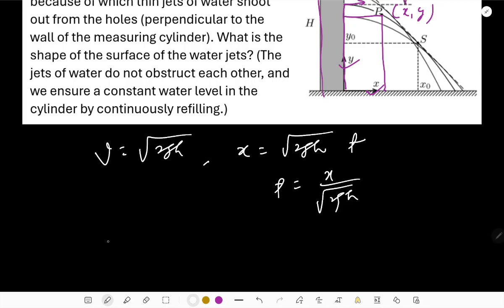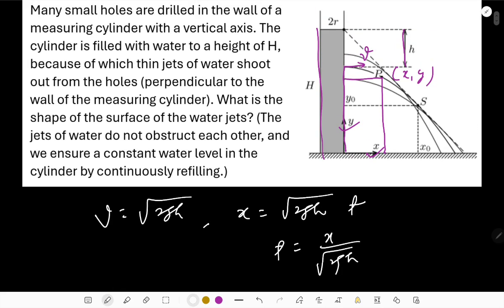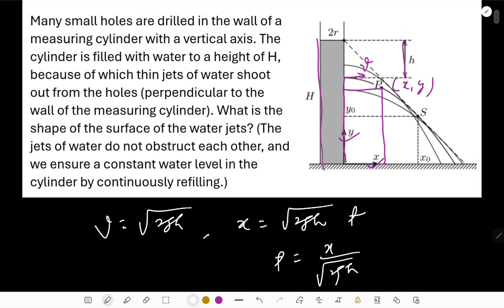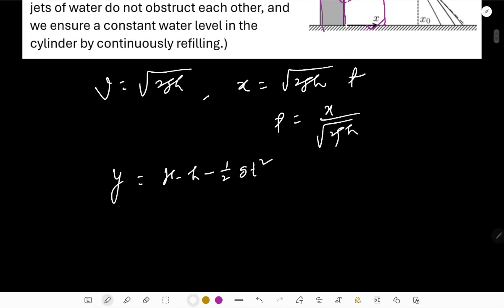So at point P, y can be written, from the point of view of this coordinate, as h minus half g t square. h minus h is this length, and it has been lowered by half g t square, so y will be equal to h minus half g times t square, that is x square by under root 2gh squared.